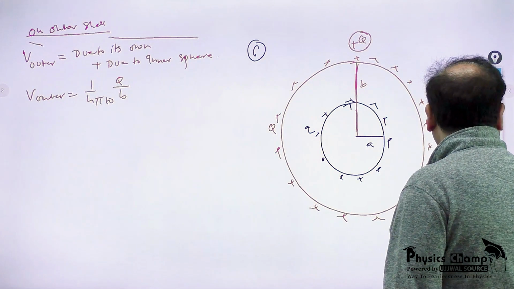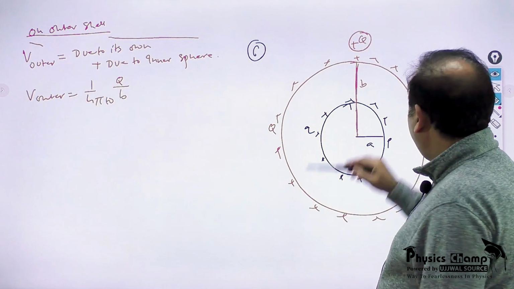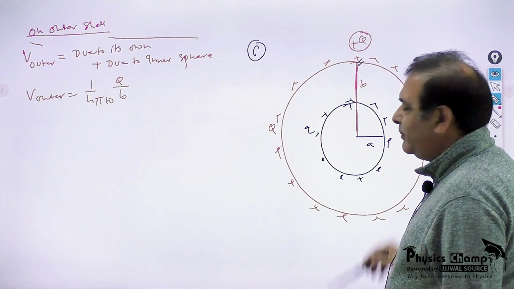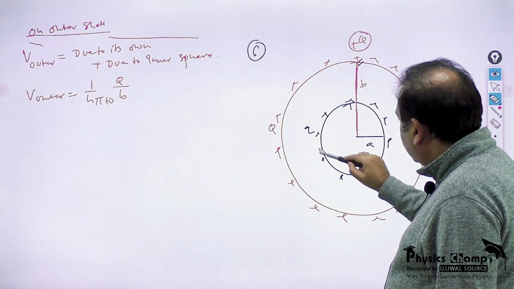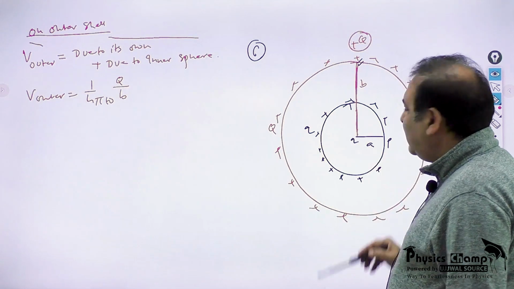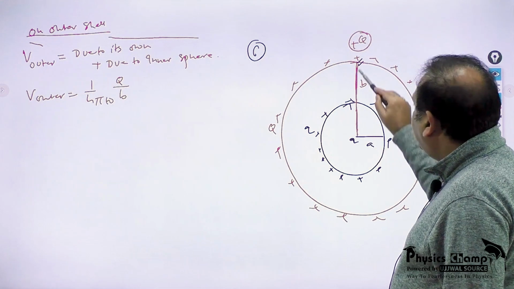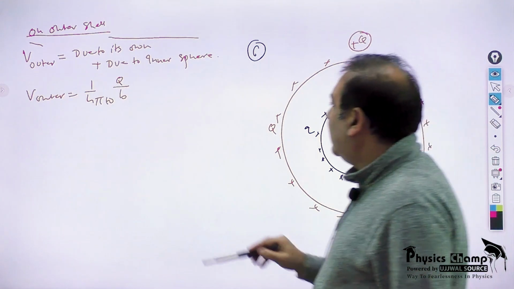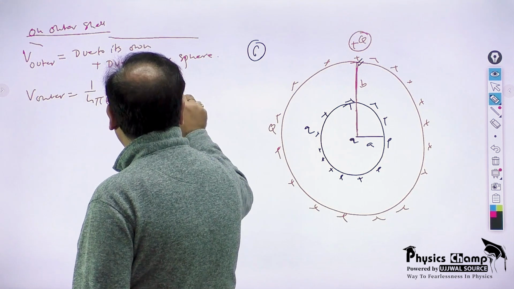Similarly, for a point on the outer shell, what will be the potential due to this small q? You will assume as though the small q is at the center. If small q is there, how much will be the potential due to it at the outer surface? It will be 1 by 4 pi epsilon naught small q by b.